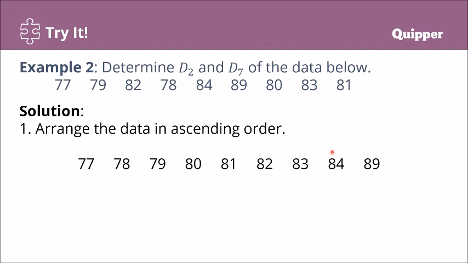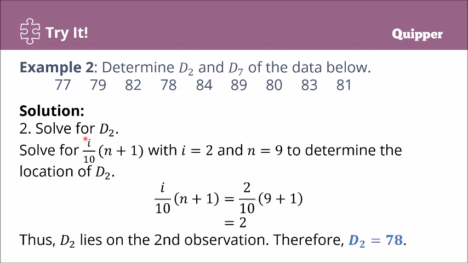Now, let's solve for the second decile. For D sub 2, solve for i over 10 times n plus 1, with i equals 2 because it's D sub 2, and n equals 9 because there are 9 scores. This determines the location of the second decile. So we have 2 over 10 times 9 plus 1. Substitution only: 9 plus 1 is 10, times 2 is 20, and 20 divided by 10 is 2. This means it is the second position, so the second decile lies on the second observation.